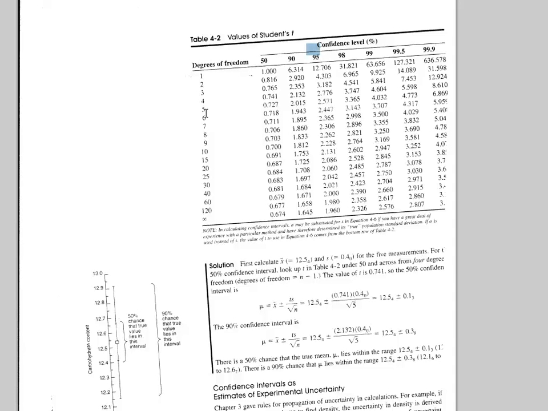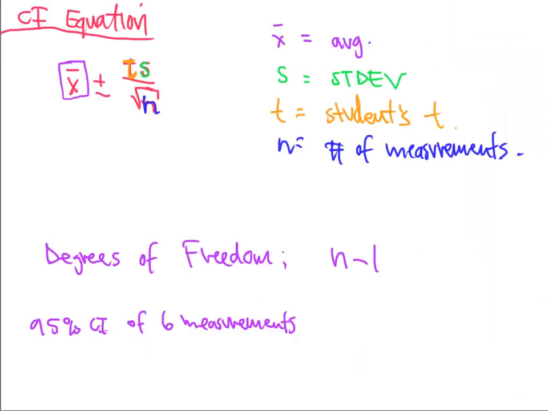So I'll go down to number 5, and then I go across. That's the one I would use for 50%. That's the number I would use for 90%. And that's the number that I would use for a 95%, 2.571. So that means my student t would be 2.571.